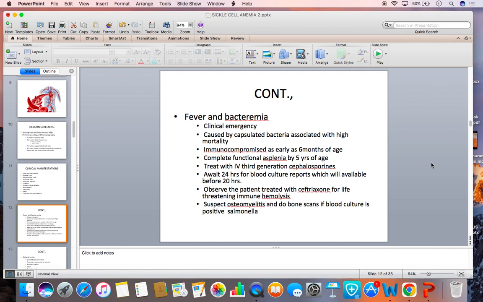Children with sickle cell anemia, when treated with ceftriaxone, may develop severe immune hemolysis, which is life-threatening. So, children treated with ceftriaxone should be observed for this particular devastating complication.